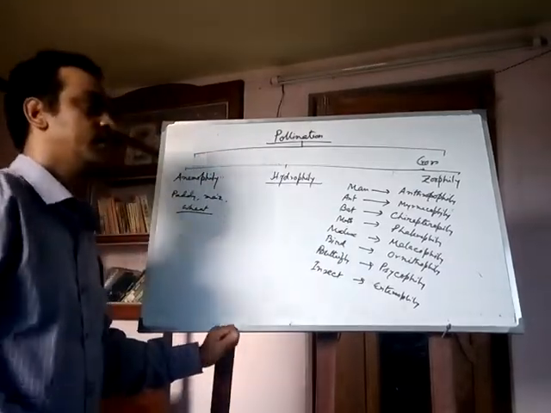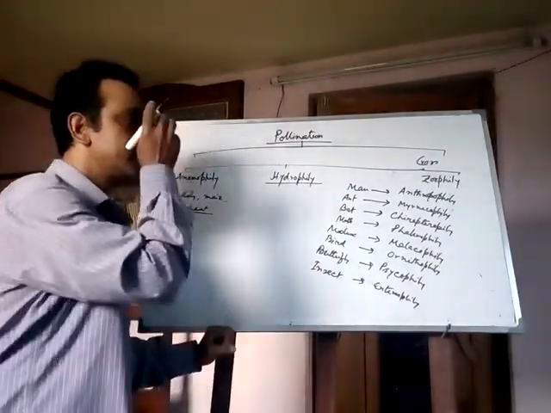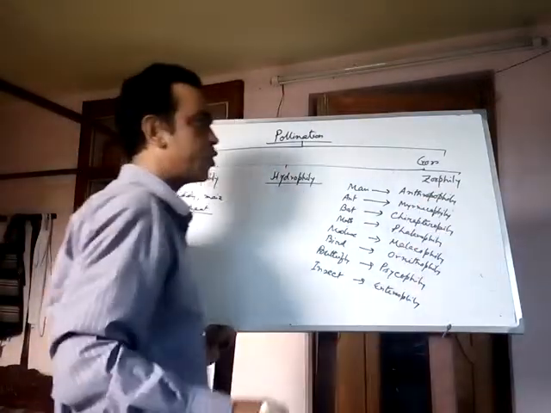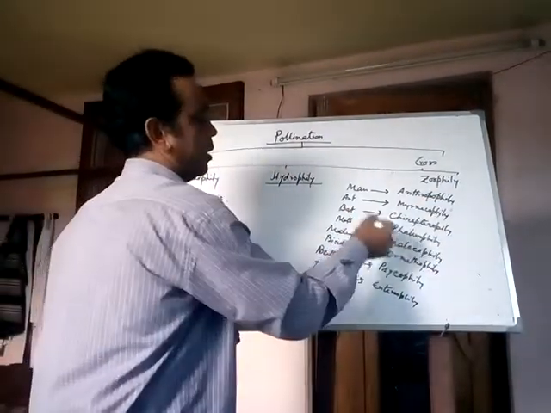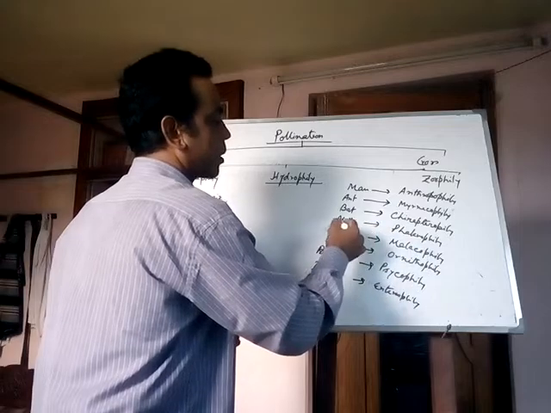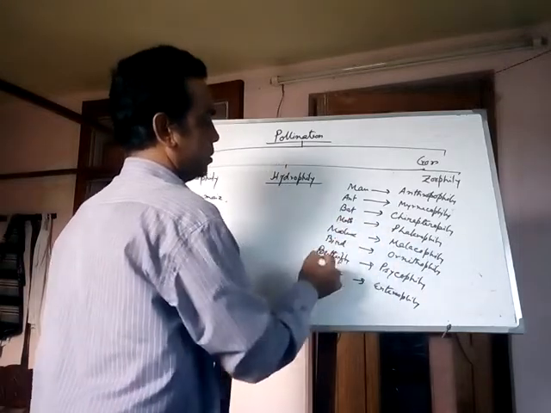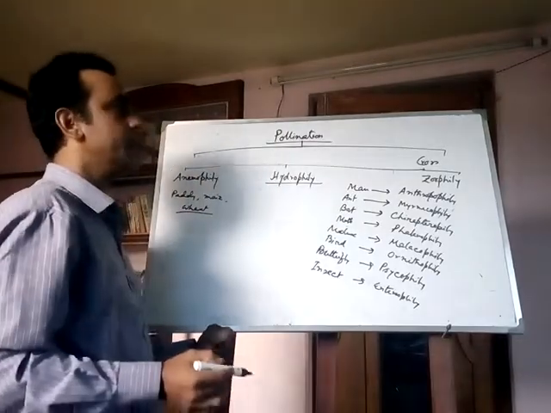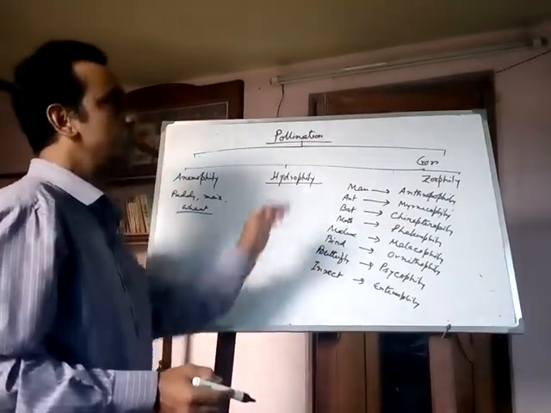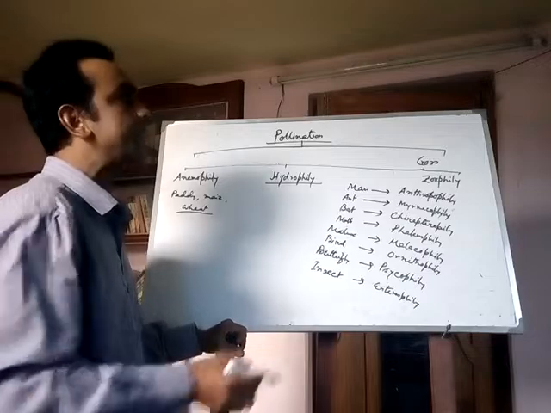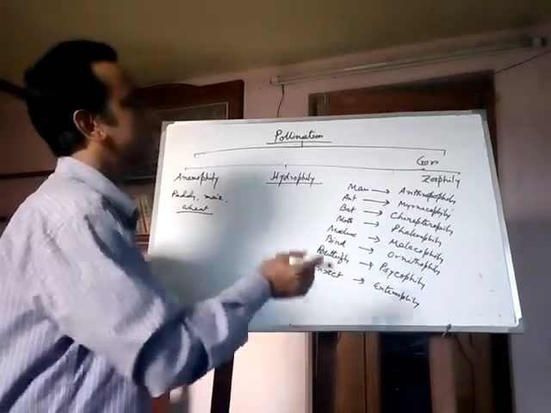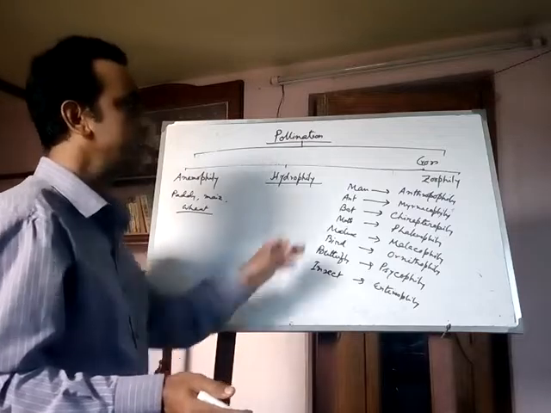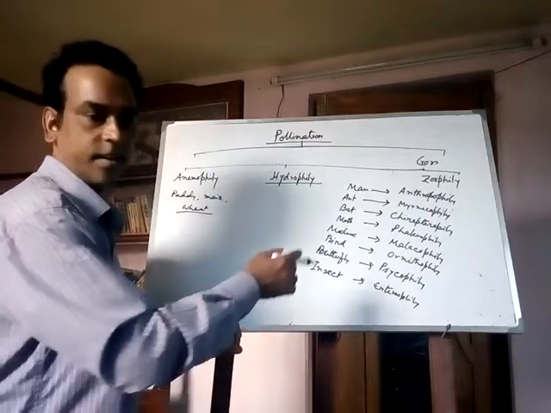So there are many types of these animals. Ornithophily is seen in Vita species, man is anthropophily, ant is myrmecophily, bat is chiropterophily, etc. So there are many types of cross-pollinated plants and agents of cross-pollination, which we represent here.